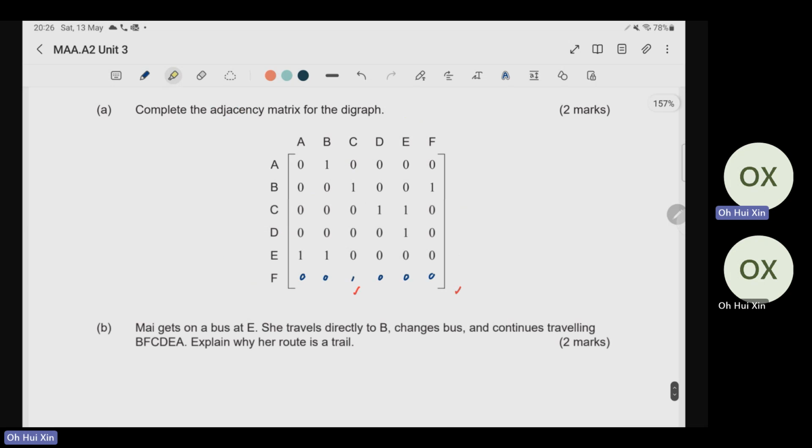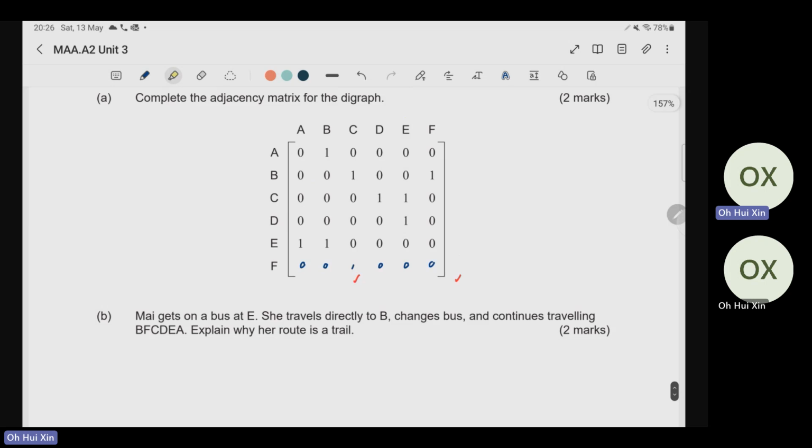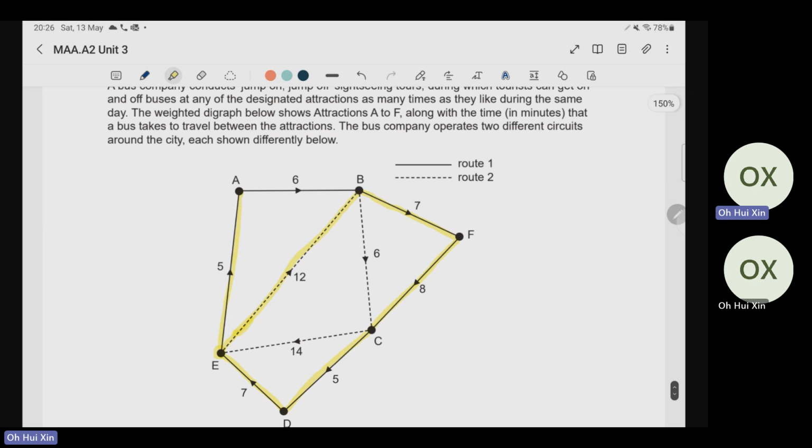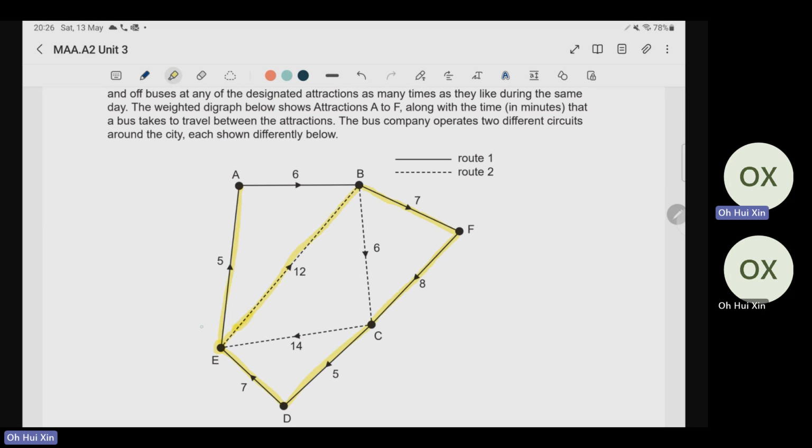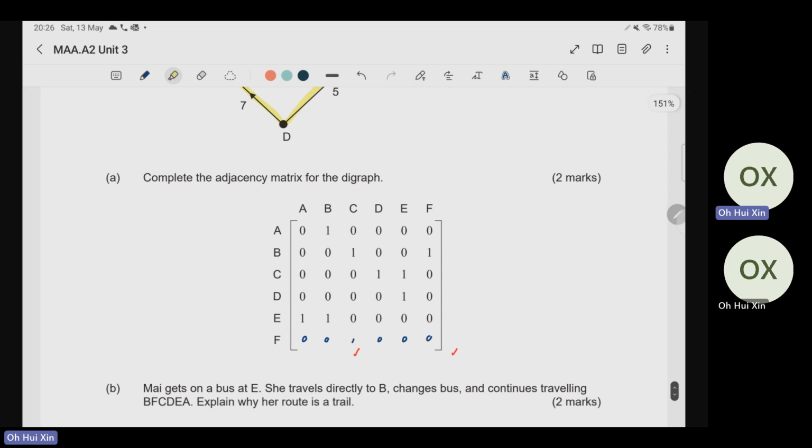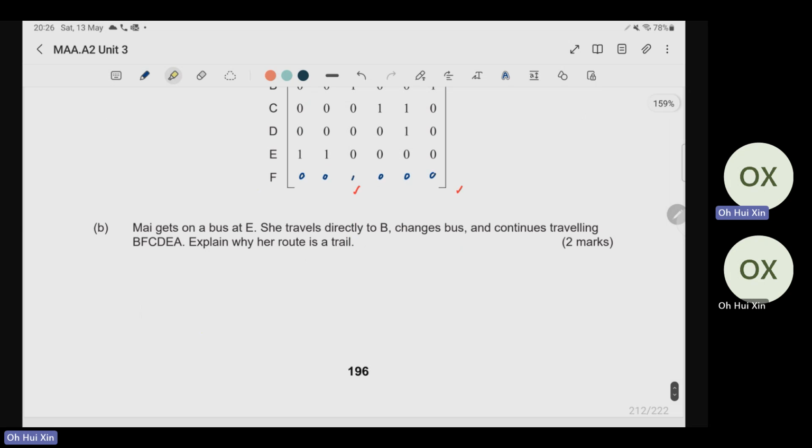The question asks, explain why her route is a trail. When you go through this walk, the vertex E has already repeated, so this cannot be called a path. It is a trail because you do repeat vertices, but no edges are repeated. How do we explain why it is a trail?